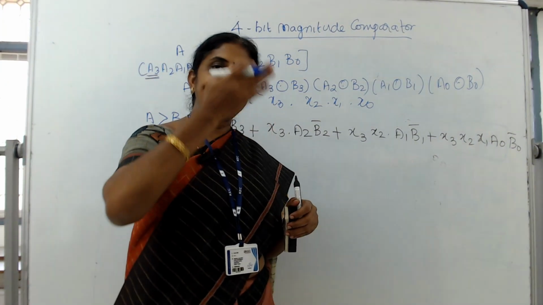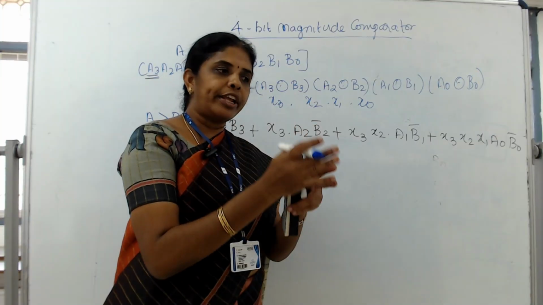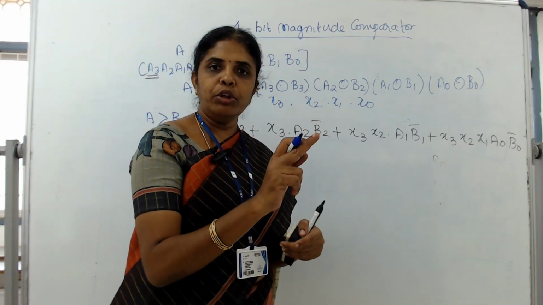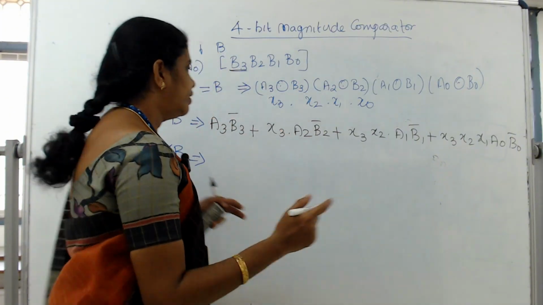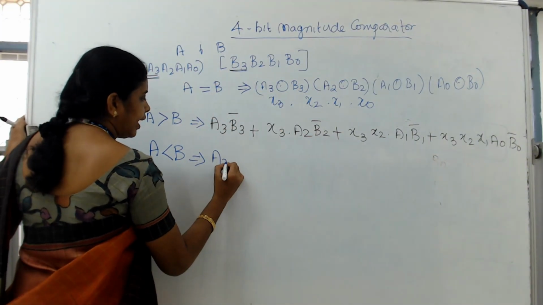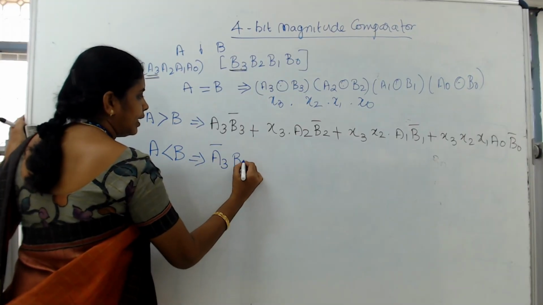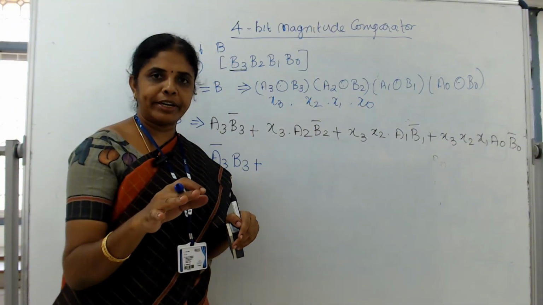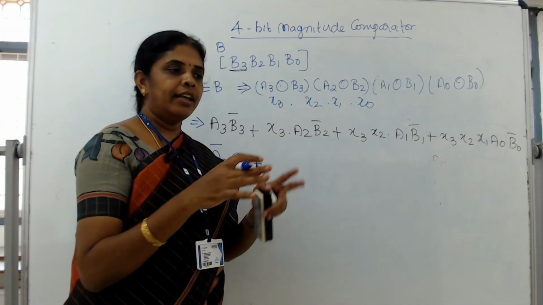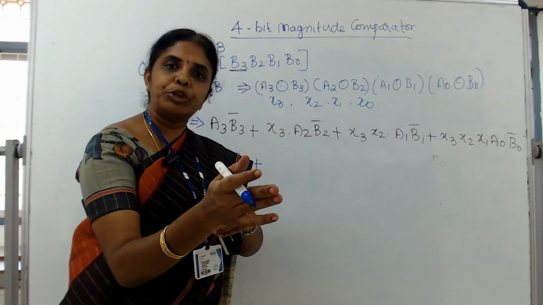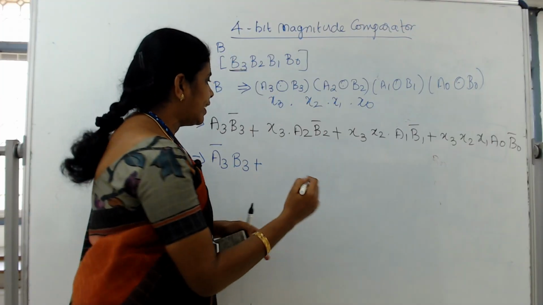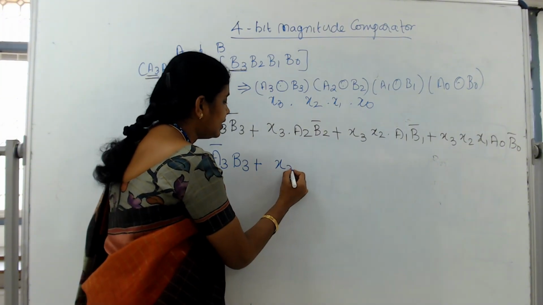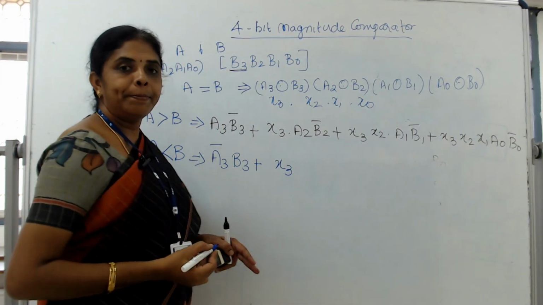And finally, the last equation for the 4-bit magnitude comparator, A less than B. Now scan from the first bit. For A to be less than B, the value of A should be 0 and the value of B should be 1, which means A3 bar B3. First condition satisfied. Now second condition. The first bit of A is equal to the first bit of B, which means I can write A3 XNOR B3, that is x3.